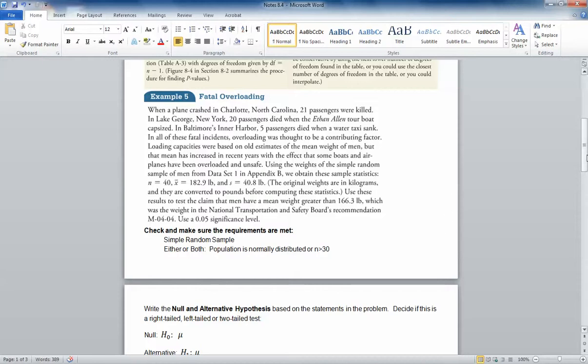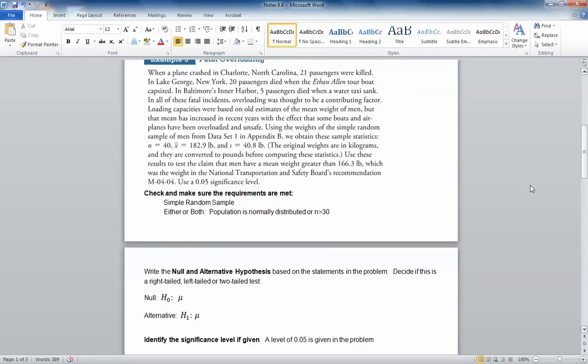All right, we're going to write our null and alternative hypotheses based on the statements in the problem. So our null hypothesis, we're testing a claim about a mean, and the mean is the NTSB's standard of 166.3 pounds.